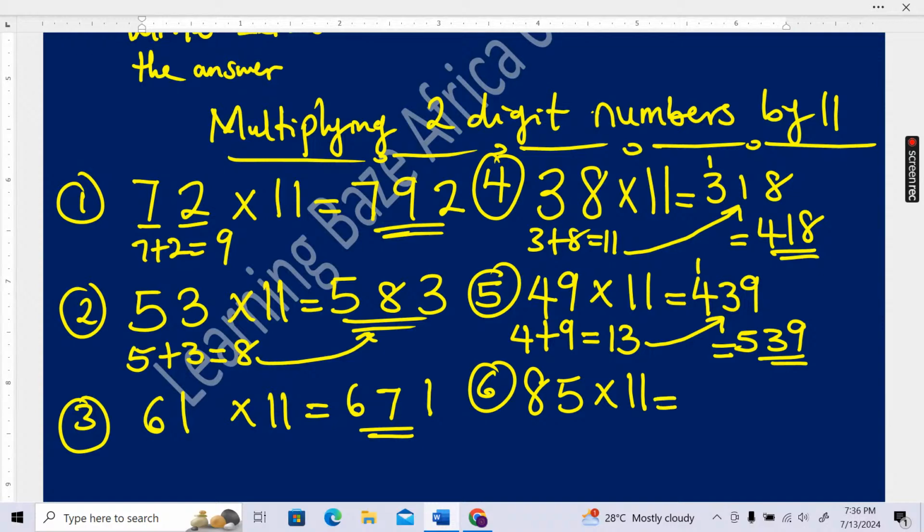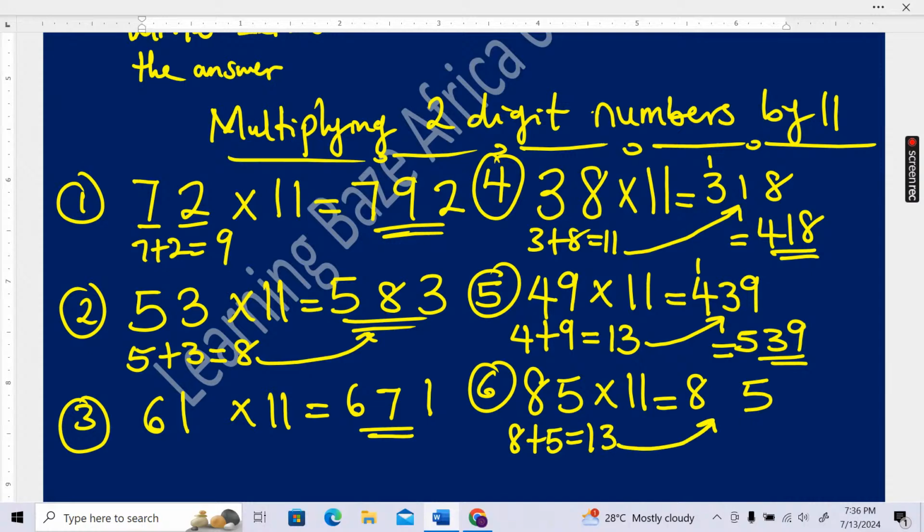Let's look at the next one. What is 85 times 11? Let's give a space in between 8 and 5. Then let's add 8 and 5 together. 8 plus 5 is equal to 13.